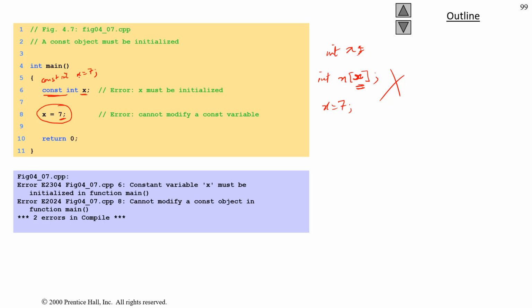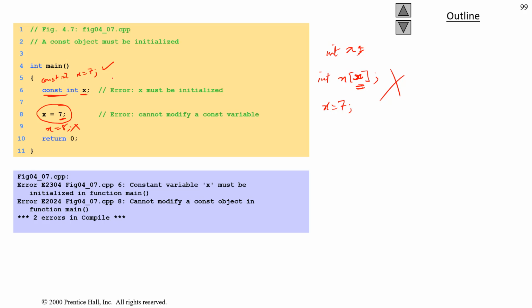And this tells me x is a constant whose value is initialized to 7, and then x cannot change. So later I cannot write x is equal to 8. This won't be allowed if I use this. So what I'm trying to say over here is that whatever you are writing in as the initialization or the size of an array needs to be a constant. It cannot be a variable. This is a variable because x can change. So it needs to be a constant.